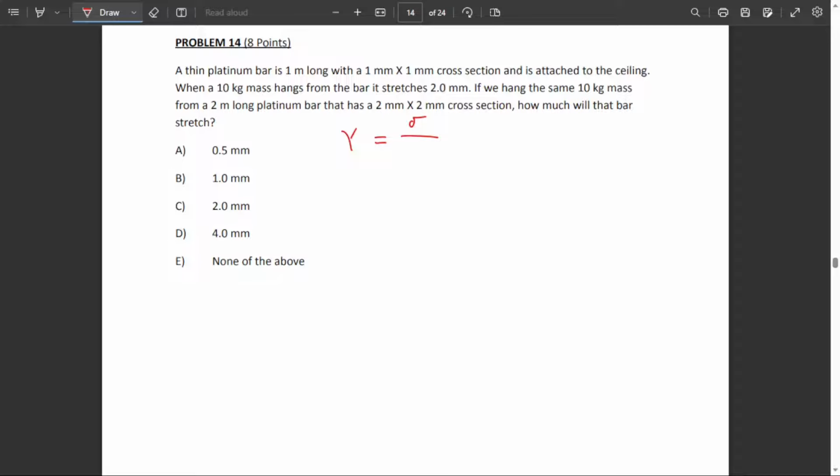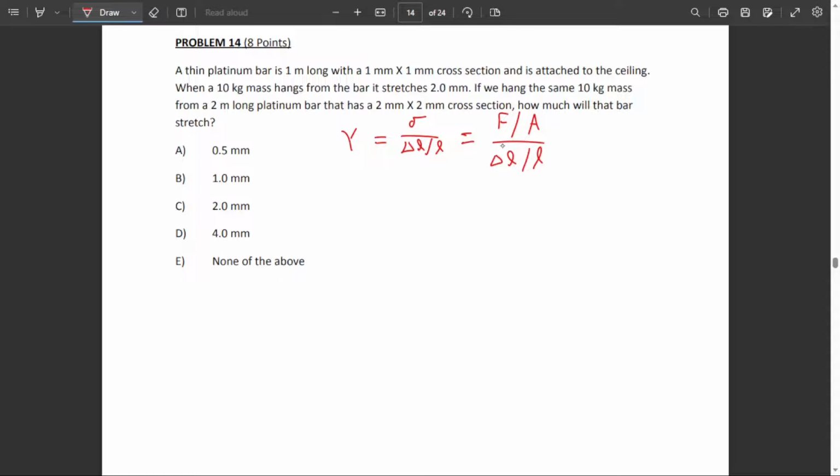I'm just going to put change in L over L. So this in total says force over area divided by the change in length over length is constant for one kind of material.